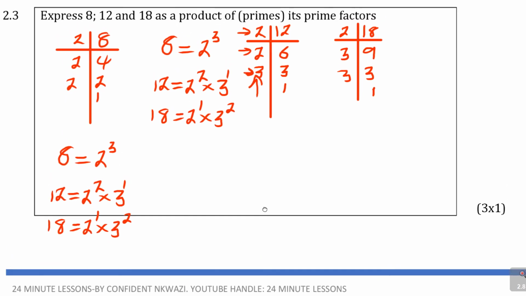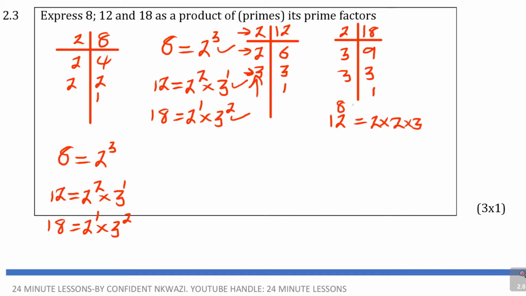Alright, so now it says express this as a product of its prime factors. Okay, so this is the answer that they'll be looking for. They will mark you that 1 mark, meaning a product. You can see it is 2 to the power of 2 times 3. They will allow it even if you say 12 is equal to 2 times 2 times 3. It's also fine.